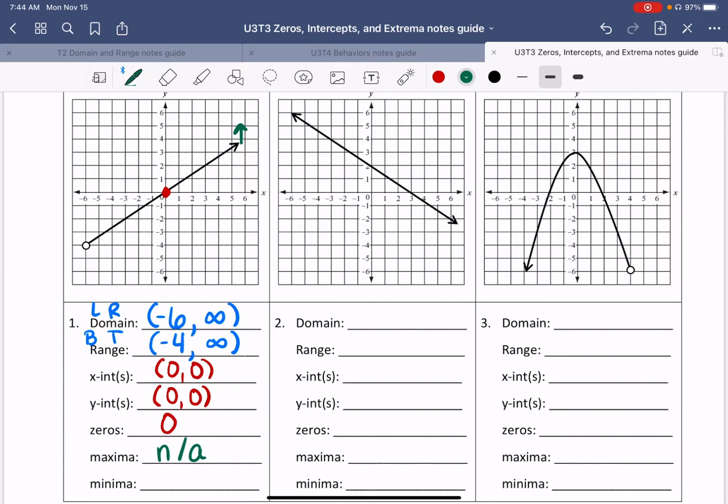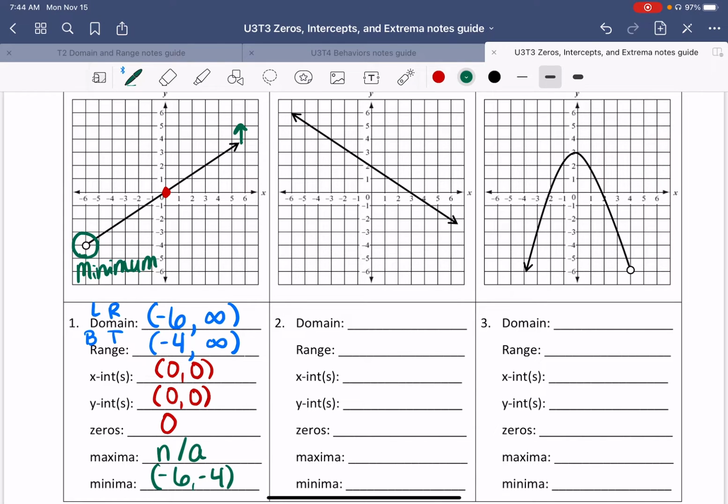Our lowest point is right here at -6, -4. You may hear the phrase minima or minimum. They're used interchangeably. Similarly for maximum or maxima, they're used interchangeably as well.